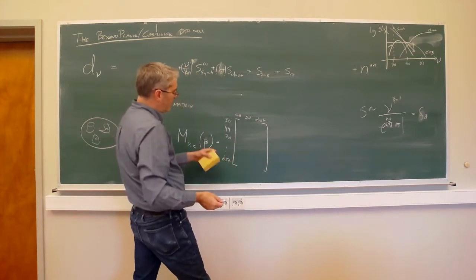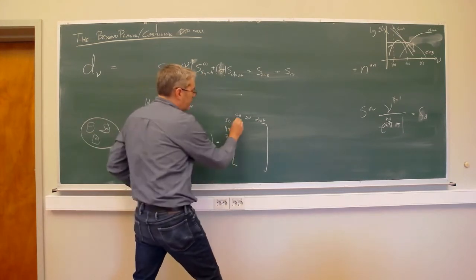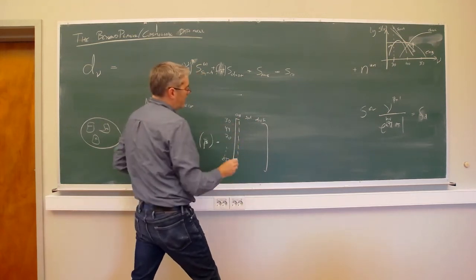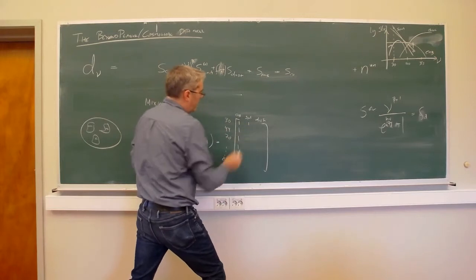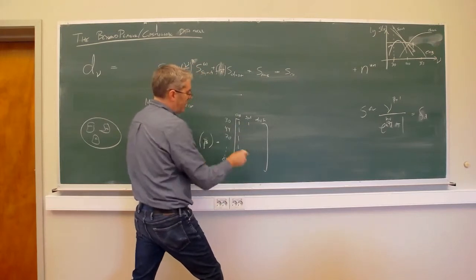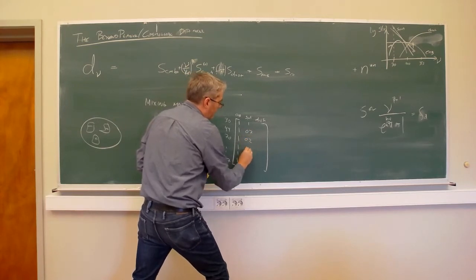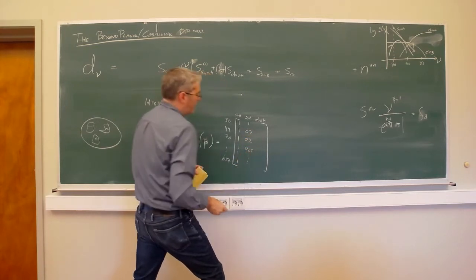And what does it look like? Well, CMB is equally strong in each channel, so that's just 1, 1, 1, 1, 1. Synchrotron is defined to be 1 at 30 gigahertz, and then falls as you go along, so perhaps 0.7, 0.2, 0.05, and so on.